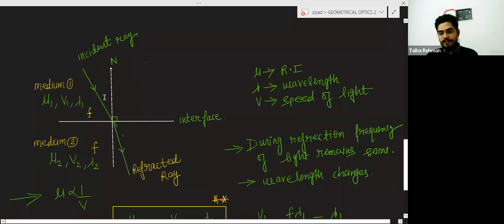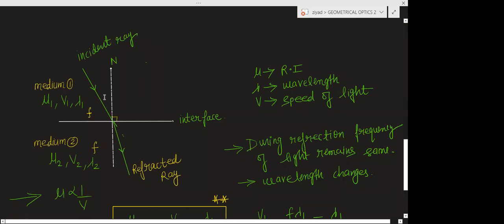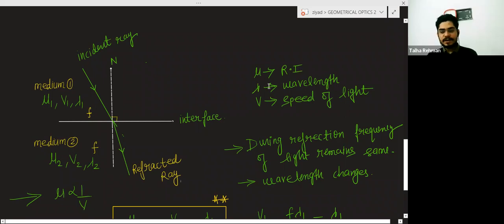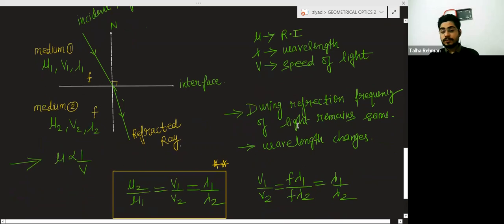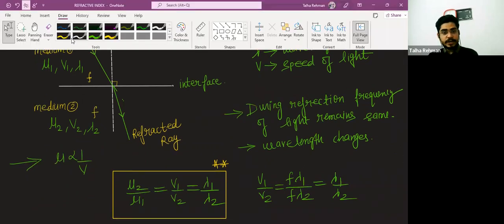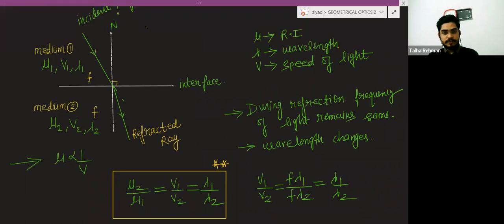Source is same, that is why the frequency is same. So mu is representing refractive index, lambda is representing wavelength. During refraction, frequency of light remains same, and this is very important to remember.